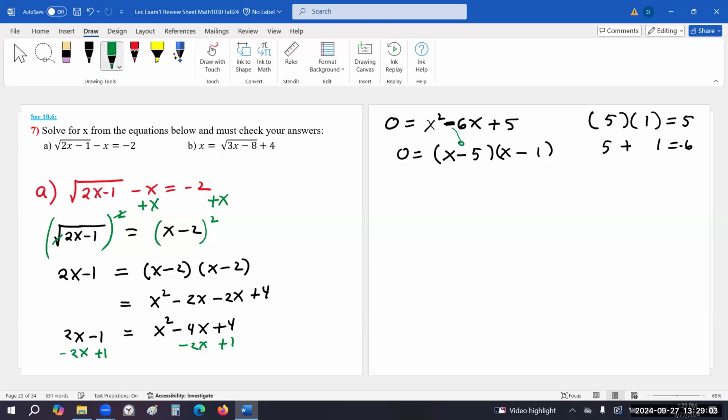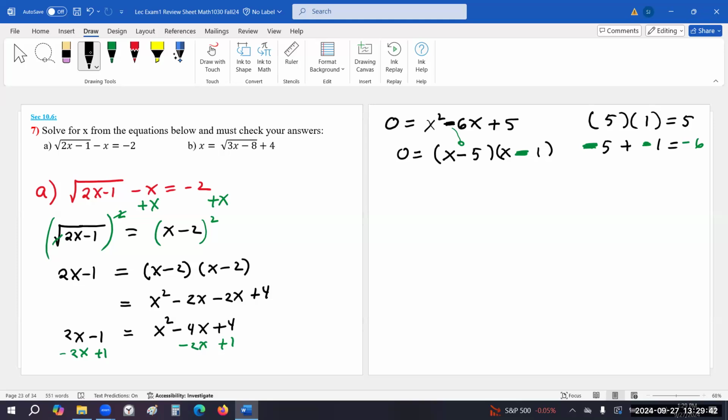That means our 5 must be negative. That's the rule. The bigger factor always gets the middle sign. So since we know 5 must be negative, to get negative 6 we must have our 1 negative. So negative 5 minus 1 gives us negative 6. That's how we have negative 1 also. So the bigger factor's sign is determined already. For the smaller factor, we have to decide which one makes sense, positive or negative.